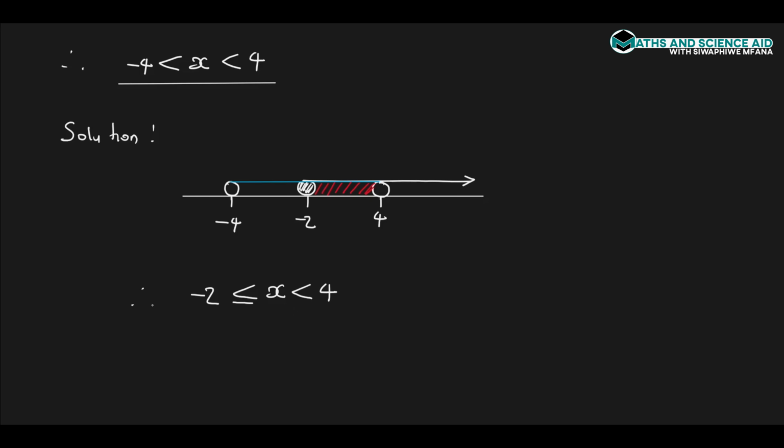So this is the final answer for this problem. And obviously, you can alternatively write it in the set notation as x is an element from negative 2 with a square bracket to show that negative 2 is included, into 4 with a round bracket because 4 is not included in the solution. So that is how you can do this question.